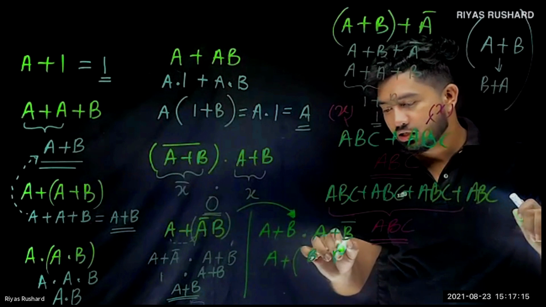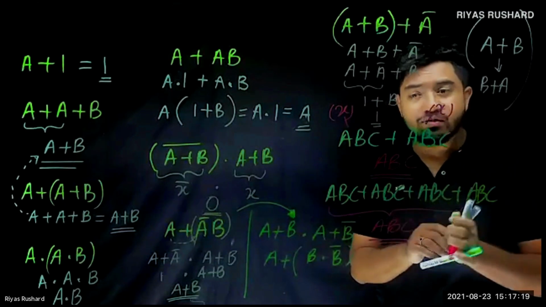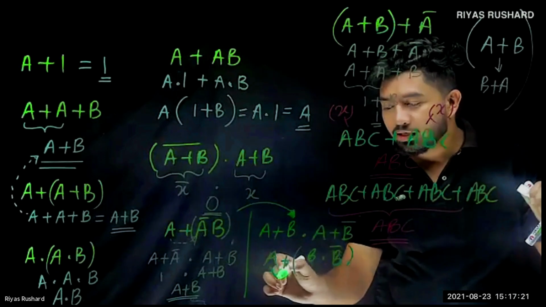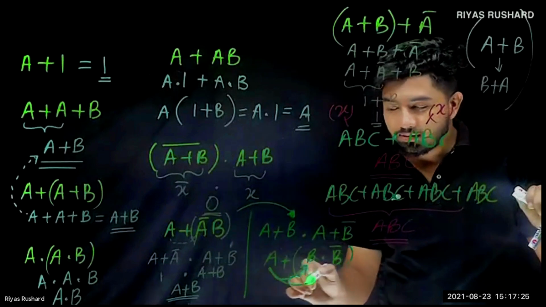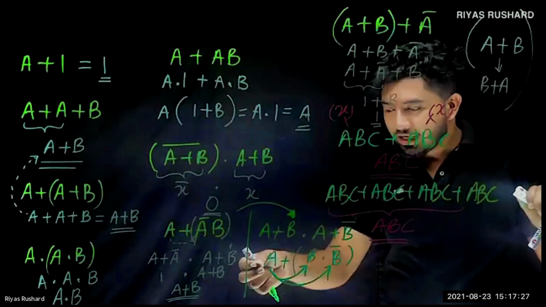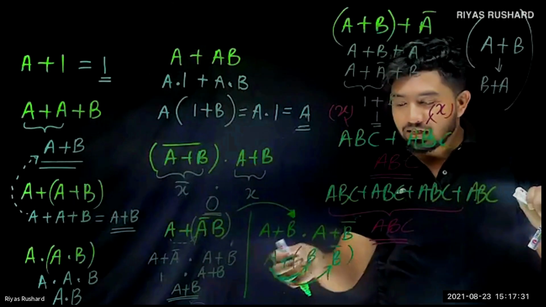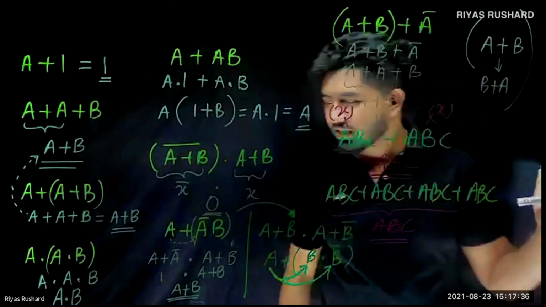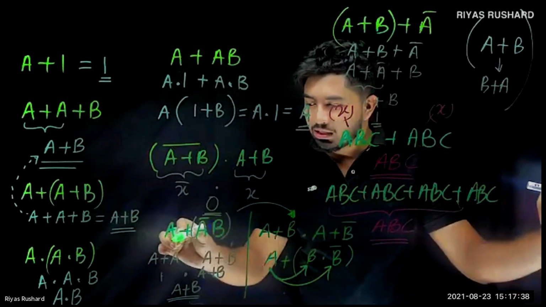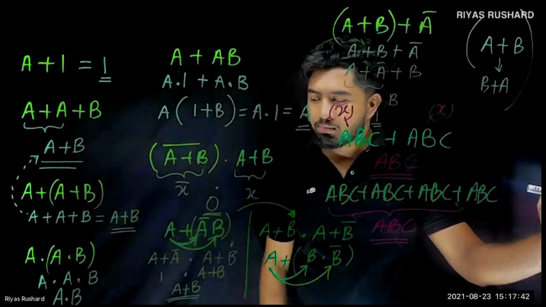B dot B bar. If I want to go back again, I multiply, as in the last class, the redundancy law. I multiply A plus B by A plus B, and A plus B bar by A plus B bar. Same thing I did here.